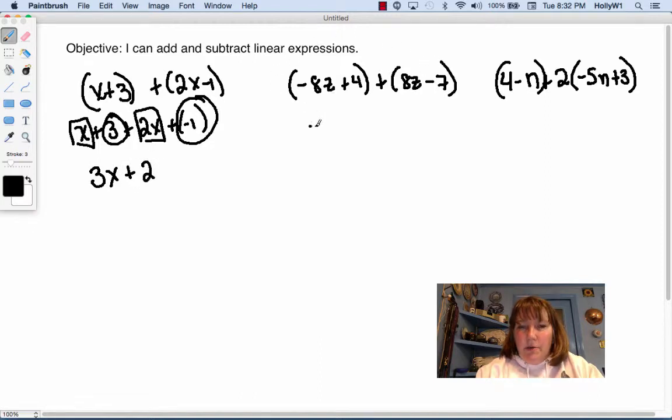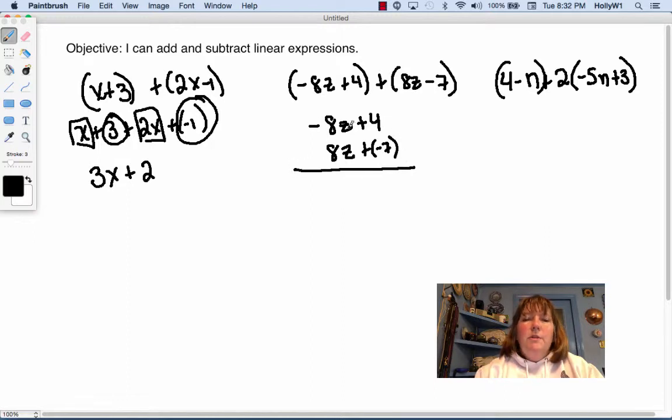This way I'm going to do it vertically. I have negative 8z plus 4 and 8z plus a negative 7. I'm just going to rewrite that as addition. So negative 8 plus 8, well, that's 0. And 4 plus a negative 7 is negative 3. So your answer is negative 3.